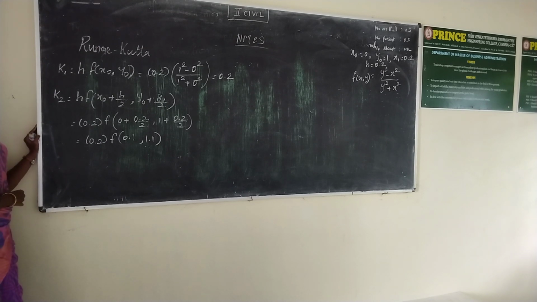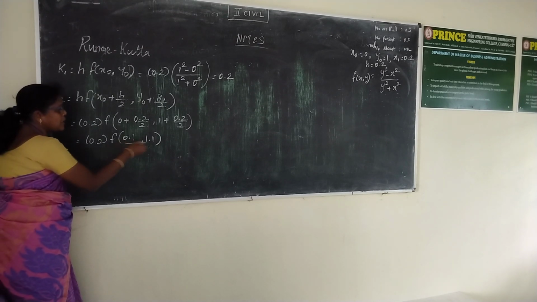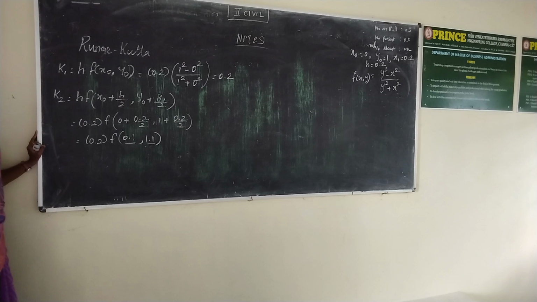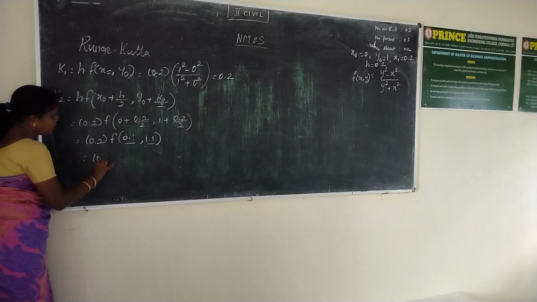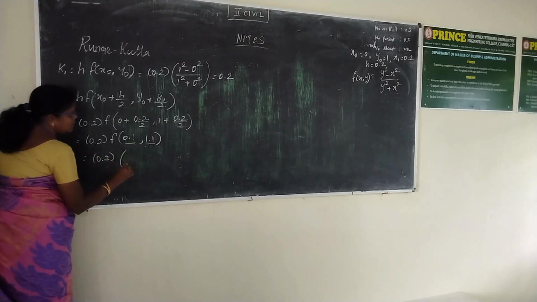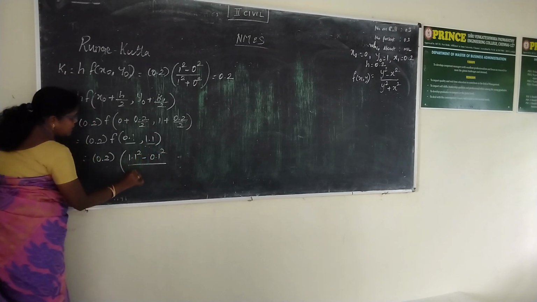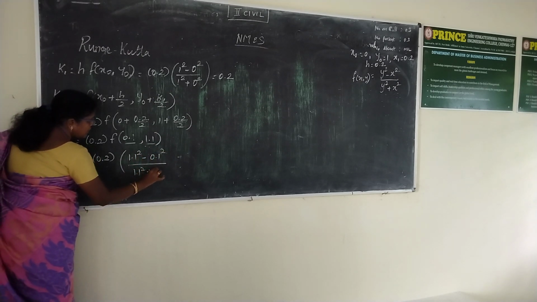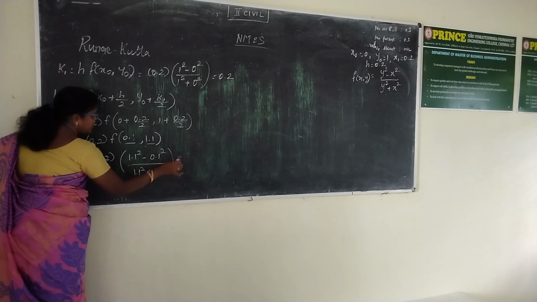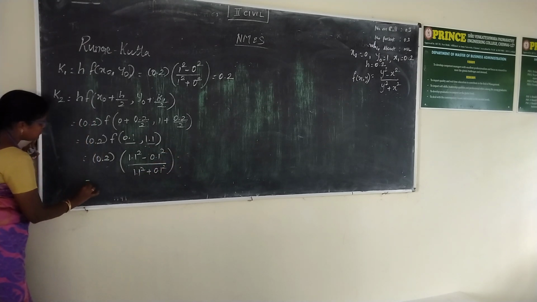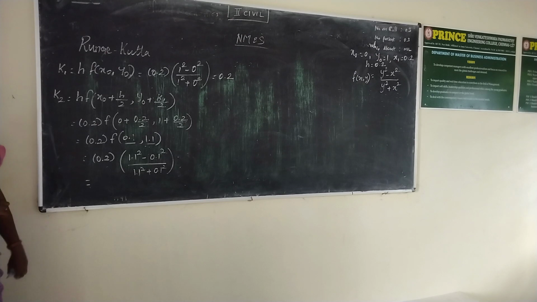In f of x comma y, x is 0.1, y is 1.1. Substitute. So 0.2 into 1.1 square minus 0.1 square divided by 1.1 square plus 0.1 square. Find what is the K2. You can skip the unnecessary steps now. I'm just writing it elaborately for your sake.